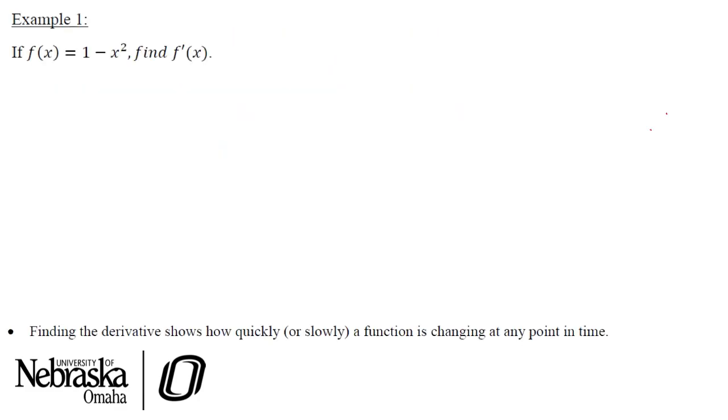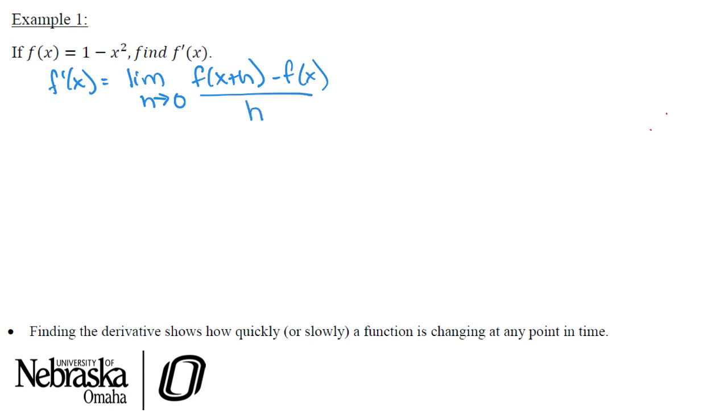So, an example. The last slide said f prime of x would equal the limit as h approaches 0 of f of x plus h minus f of x over h.